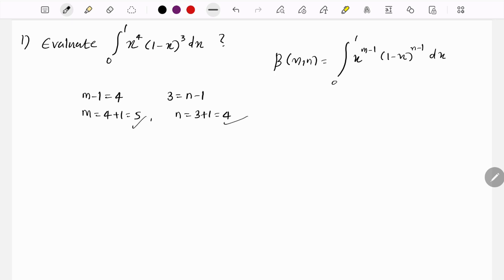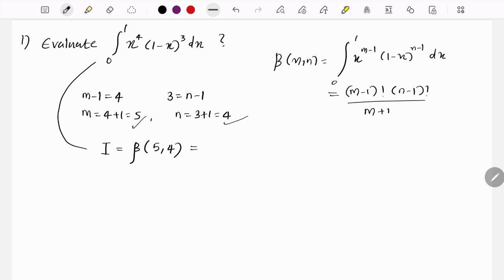So this integral, we can write it as I. This is equal to beta of 5 comma 4. So beta(m, n) is also equal to (m minus 1) factorial into (n minus 1) factorial divided by (m plus n minus 1) factorial.